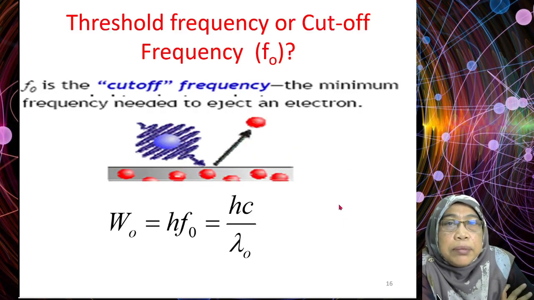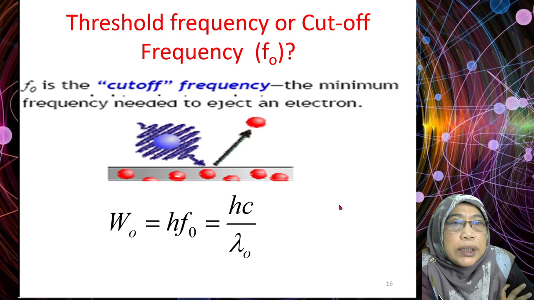And then the term threshold frequency, or cut-off frequency, we label it as f0. So f0 is the cut-off frequency, which is the minimum frequency needed to eject an electron.